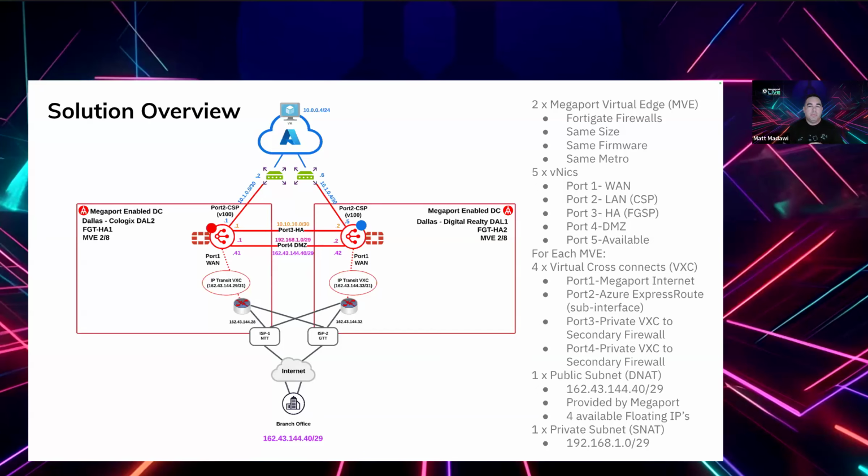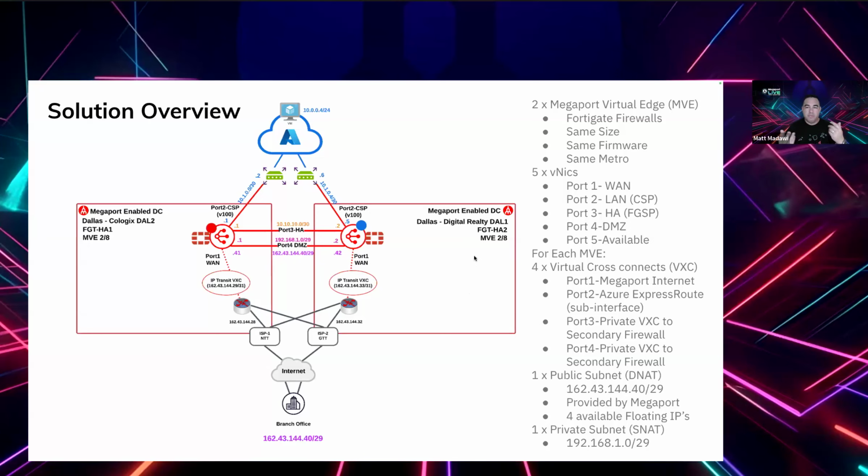Some of the rules of engagement: for the FortiGate firewalls to do HA, they have to be the same size and running the same version. They also have to be in the same metro. In this case, both are deployed here in Dallas, where I'm based out of. We're in Cologix on the primary side, on the left, and in Digital Realty on the right.